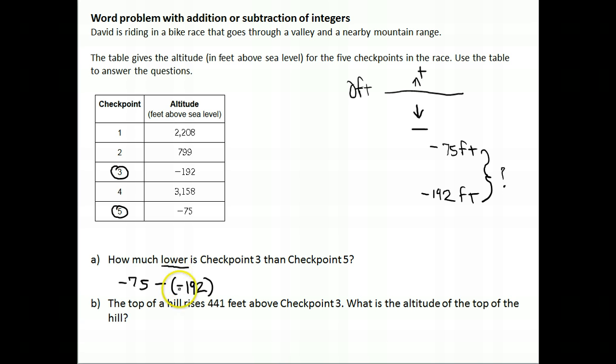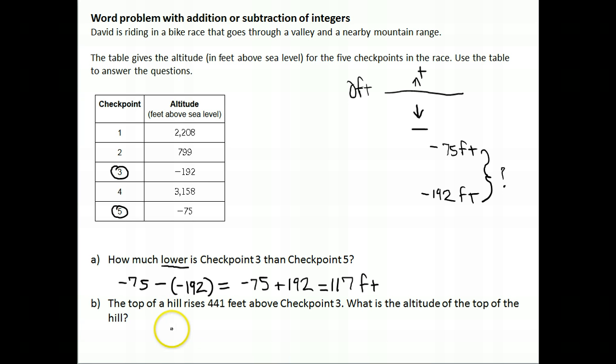And when you have a double negative here, they kind of negate each other, and that turns into an addition. So it's negative 75 plus 192, and when you add that, you get 117 feet. So that's the distance between the two checkpoints, 117 feet.